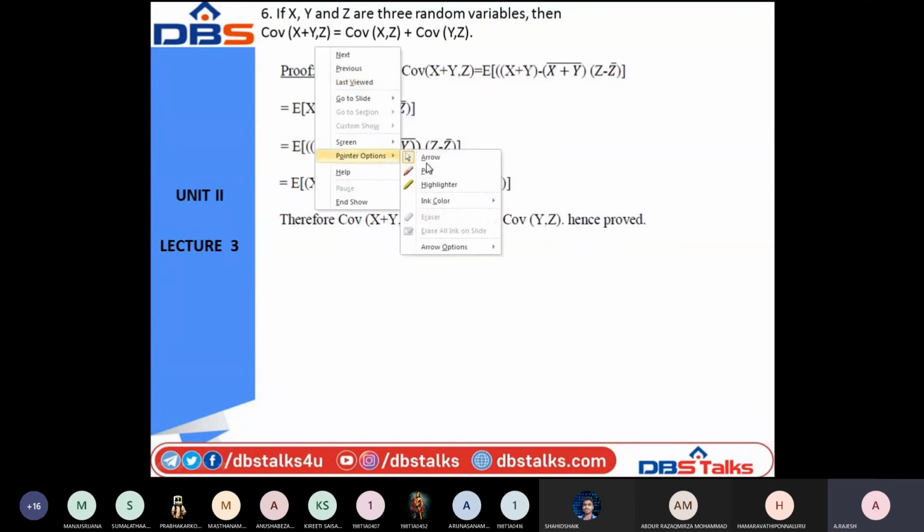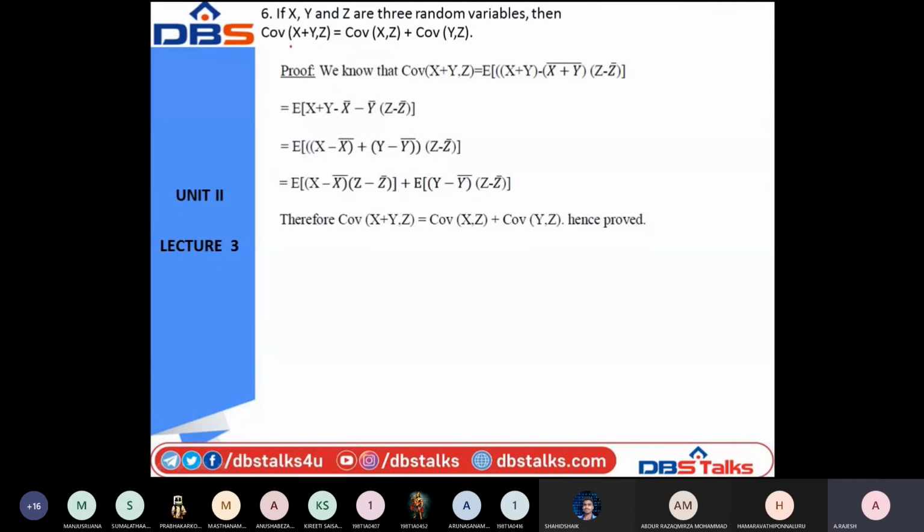Till now we have seen only two random variables; now we are considering three, but in a different way: the covariance of X plus Y comma Z is equal to the covariance of XZ plus the covariance of YZ. Okay, see how it can be done.